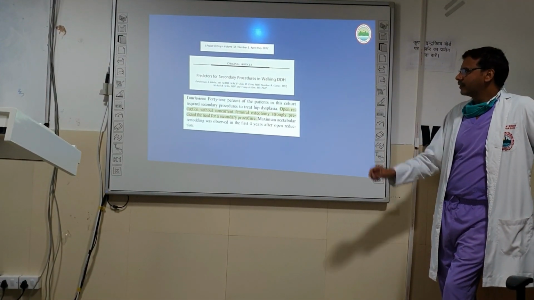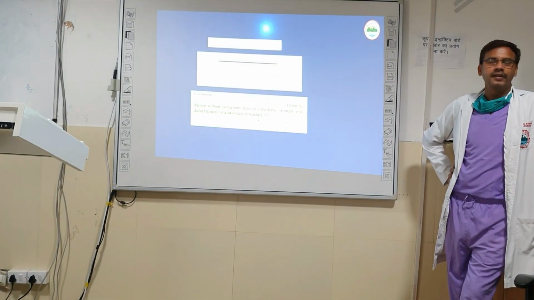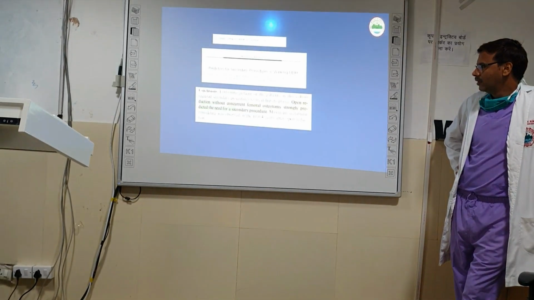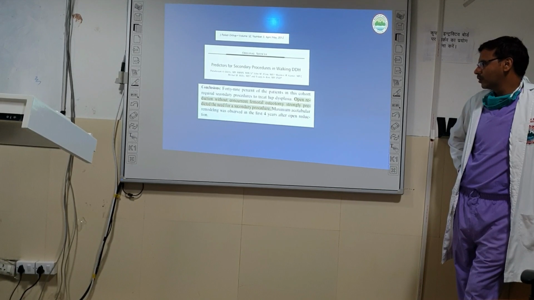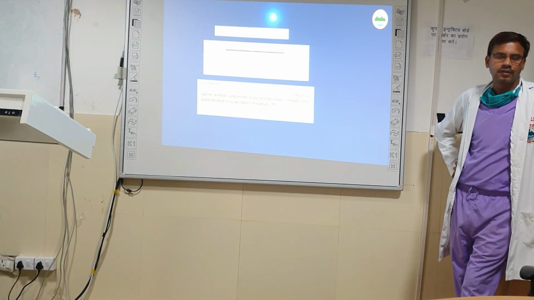Now this is a very interesting article. They say, what are the predictors for secondary procedures in walking DDH. So the authors say that open reduction without concurrent femoral osteotomy strongly predicted the need for a secondary procedure.